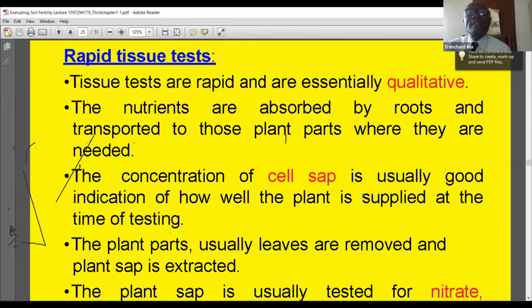Next slide. As part of plant testing, tissue tests are rapid and essentially qualitative. The nutrients are absorbed by roots and transported to those plant parts where they are needed. The concentration of cell sap is usually a good indication of how well the plant is supplied at the time of testing. The plant parts, usually leaves, are removed and plant sap is extracted.